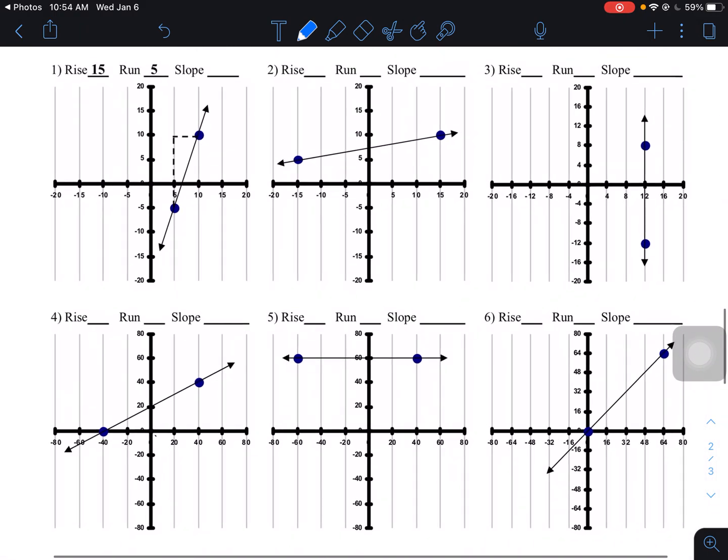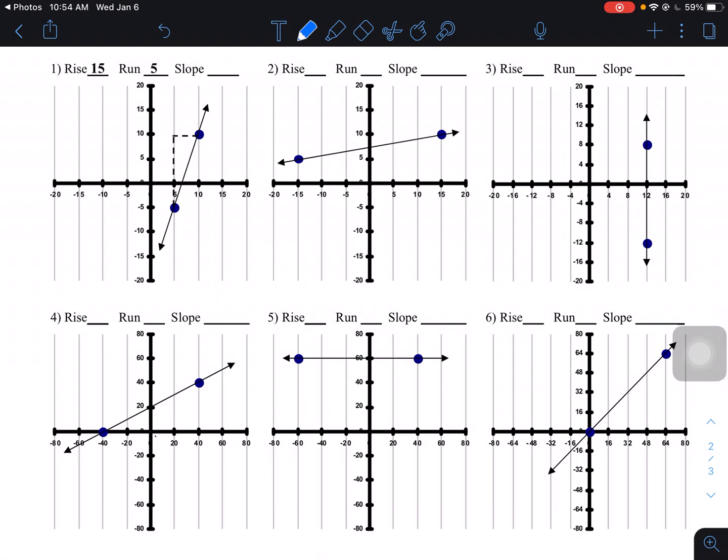So these ones down here are going to be a little bit different because as you can see, the scale is different from before. So let's look at this example here. This time we're going up by 20s each time, instead of just counting by ones.